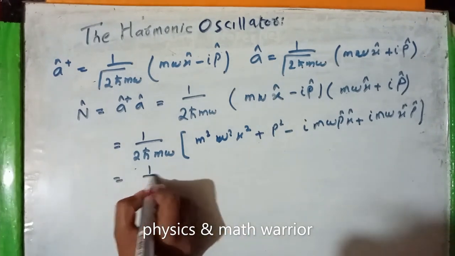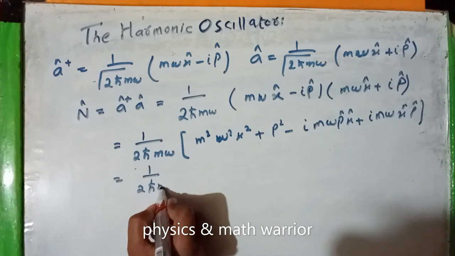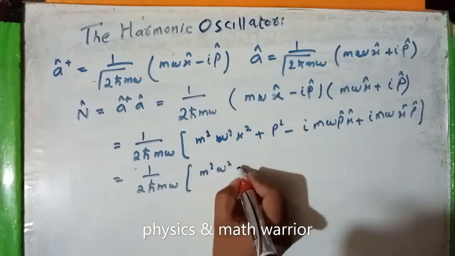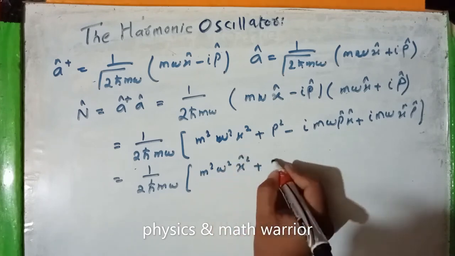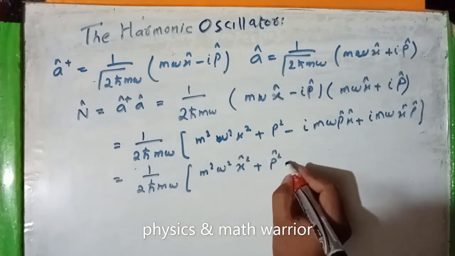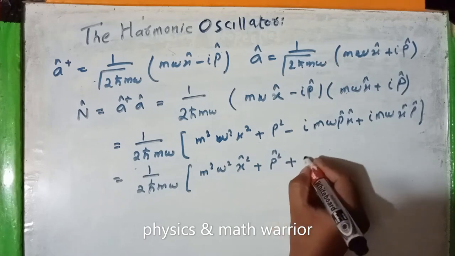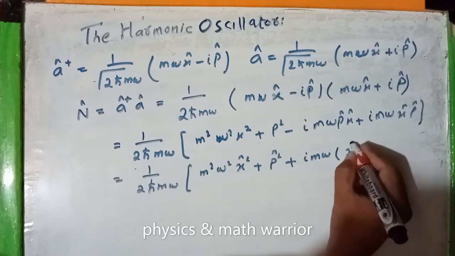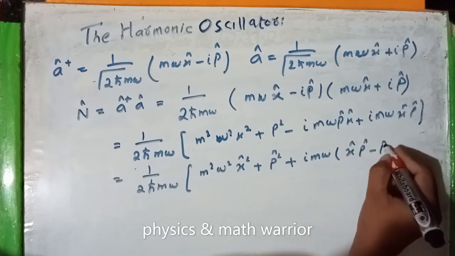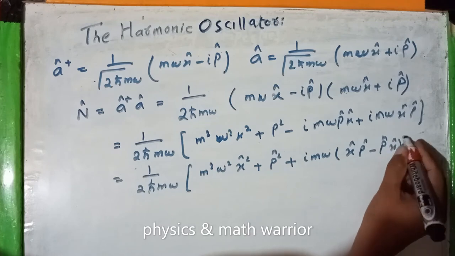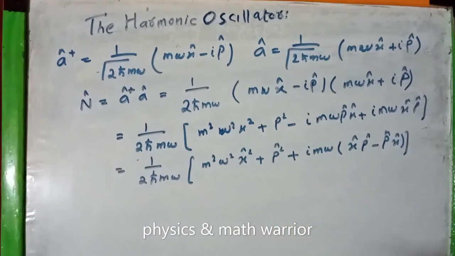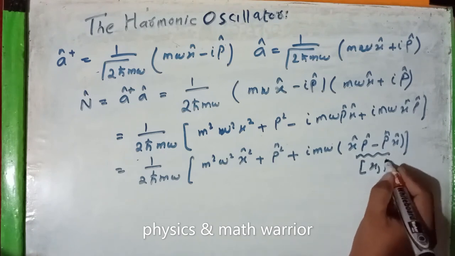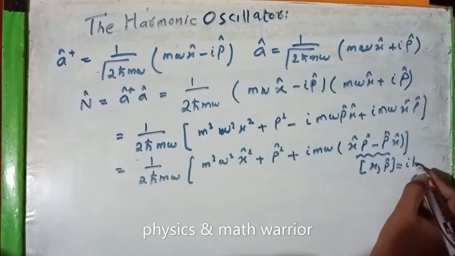Which is equal to 1 over 2 h-bar m omega multiplied by m squared omega squared x squared plus p squared plus i m omega (x p minus p x). This is again the commutator of x and p, which is equal to i h-bar.